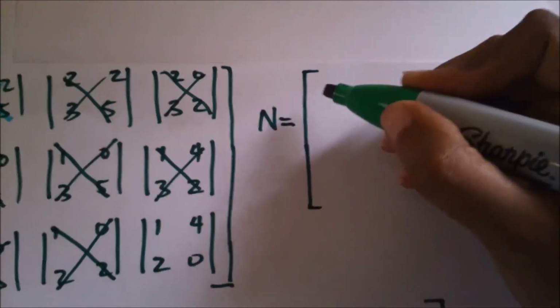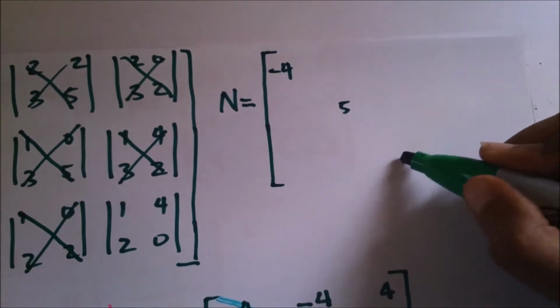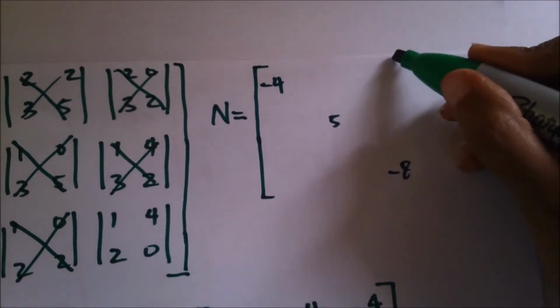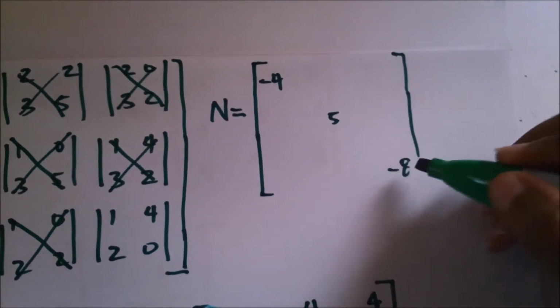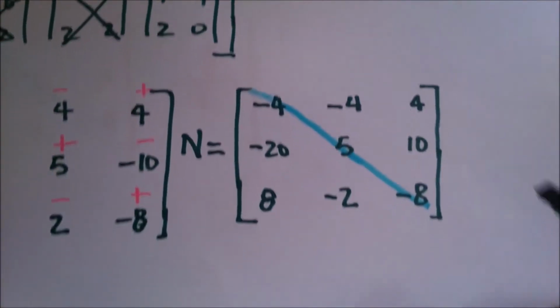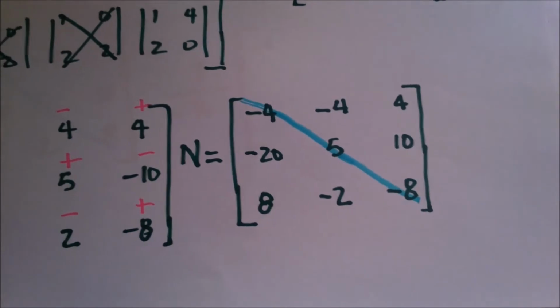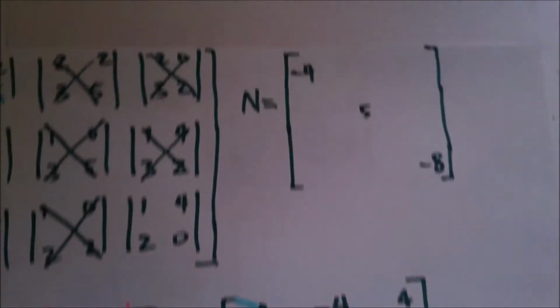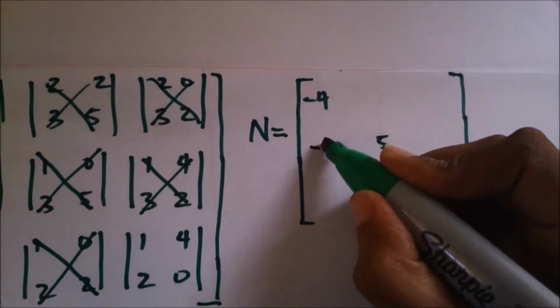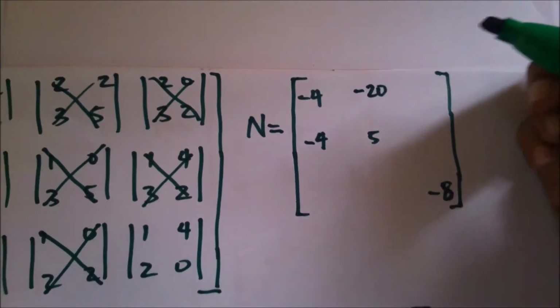So we write negative 4, 5, negative 8. Oh, my handwriting is terrible. So we see that negative 20 and negative 4 are across from each other. So we're going to switch those terms. We're going to put negative 4 where negative 20 was, and negative 20 where negative 4 was.